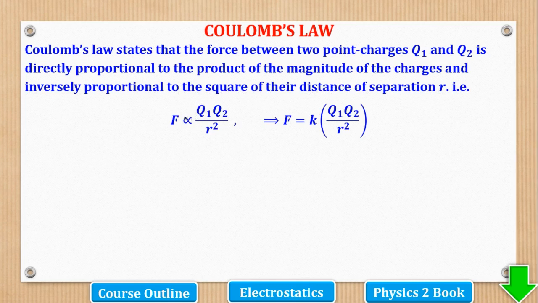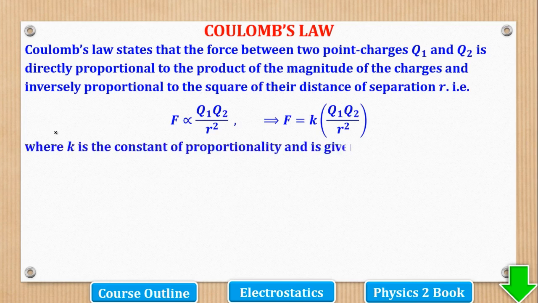Now, if I want to remove this proportional sign, I have to put a constant of proportionality. In this case, let us use k. But in physics, that k has a value, which is 1 over 4 pi epsilon.